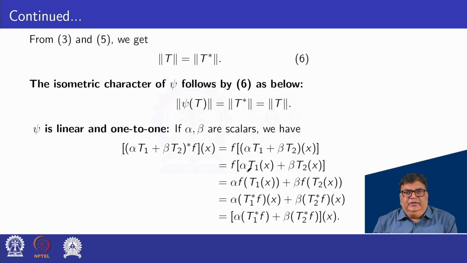We know that f is a linear functional, so this can be written as alpha into f of T1 x plus beta into f of T2 x.